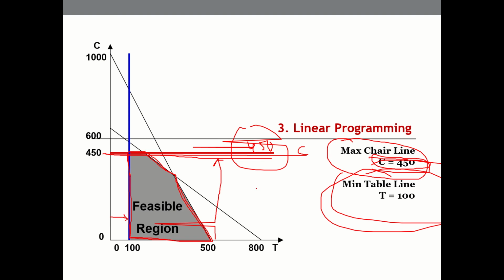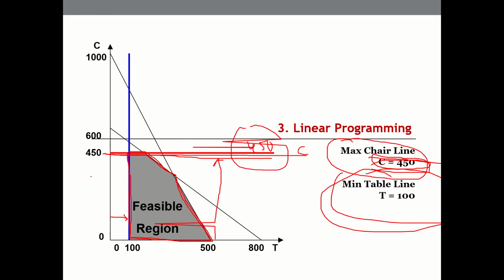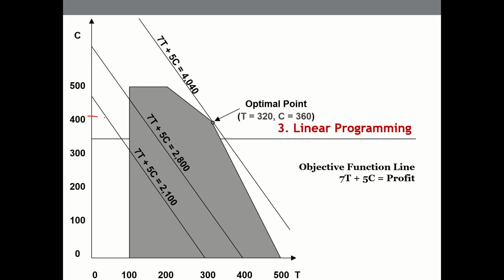Now what are these key values and how do we understand this? The same thing has been made in a bigger way, and we can find out what is the C value and the T value that we can achieve wherever there is an intercept.